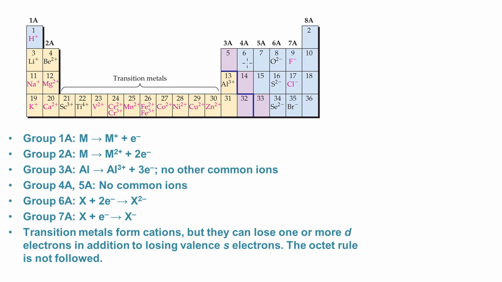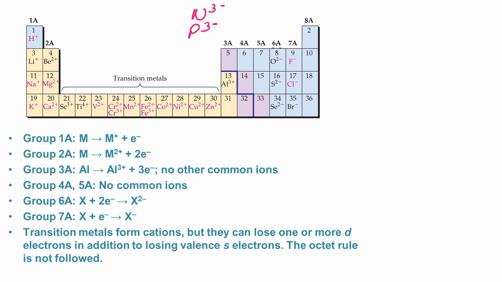In groups 4A and 5A, we really don't have any common ions, except for nitrogen. Nitrogen can gain 3 electrons to become the nitride ion, and also phosphorus can gain 3 electrons to become the phosphide ion.